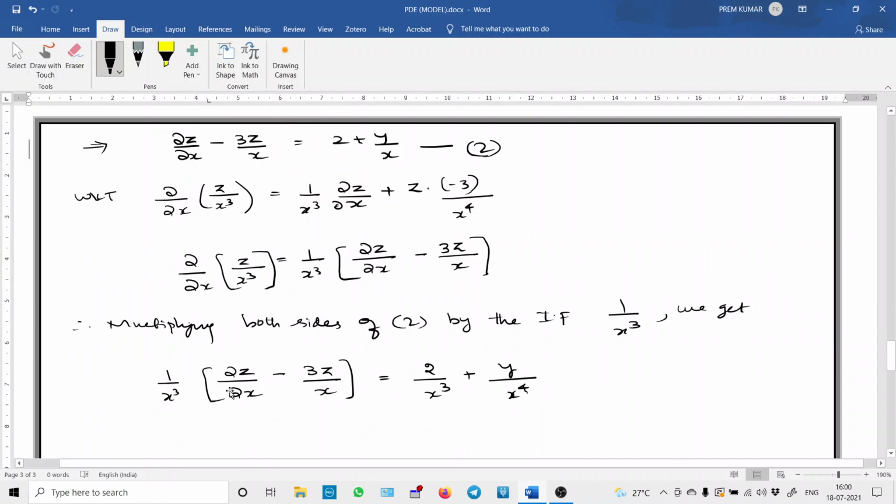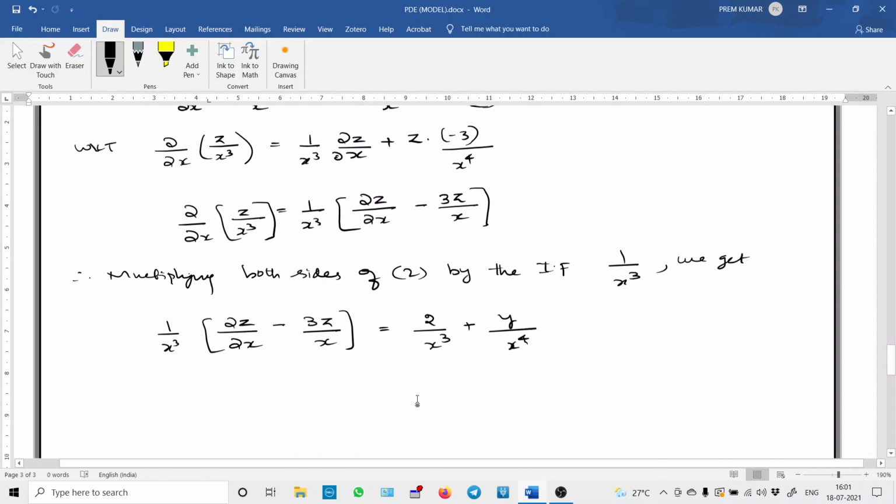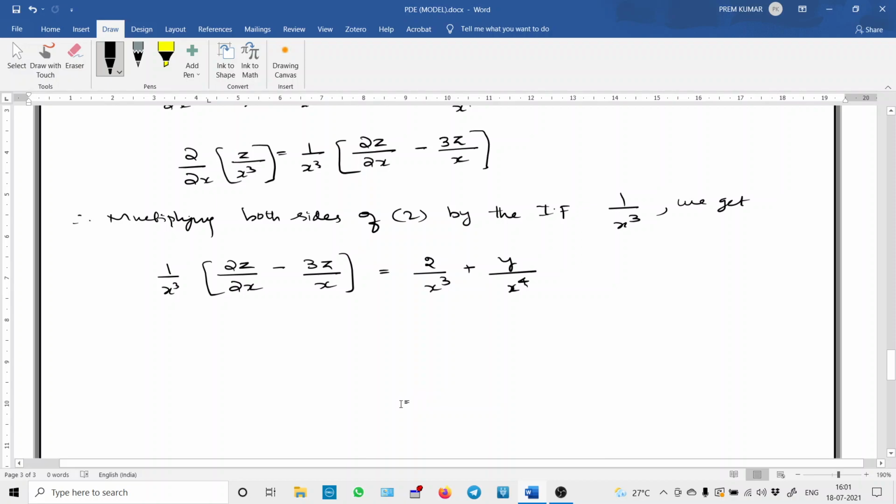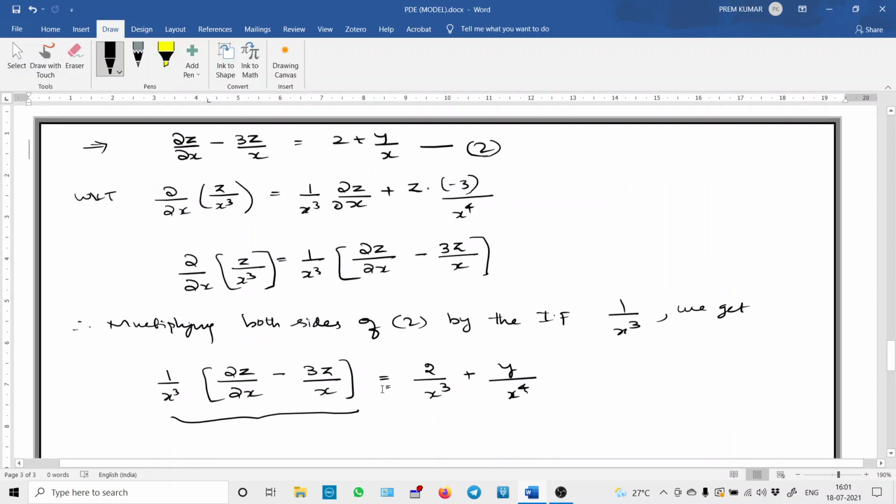Now we take one step here, we find the value of this quantity. What is ∂/∂x of (z/x³)? Now we multiply both sides of the second equation by 1/x³. Both sides of 2 are multiplied by 1/x³, so this becomes 2/x³ and this becomes y/x⁴. And what is this value? Just now we derived the expression for this.